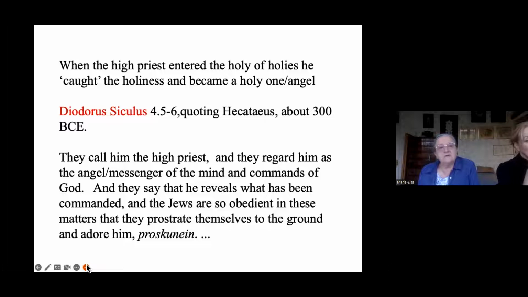Angel, messenger are the same word in Hebrew and in Greek as it happens. And they say that he reveals what has been commanded. And the Jews are so obedient in these matters that they prostrate themselves to the ground and adore him. And the Greek word used is proskunein, which is a word that is used for homage and worship.